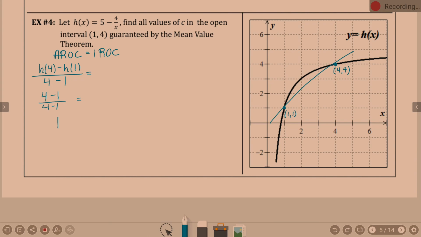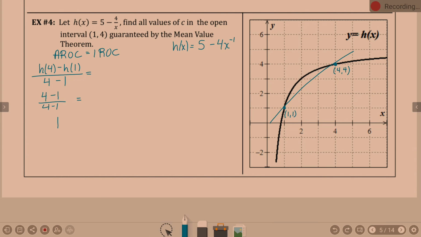I-rock. How do we do I-rock? Derivative. Yes? Now, before we talk derivative, I'm going to squeeze this in right here. Let's rewrite h of x. How should I rewrite h of x? 5 minus 4x to the negative 1.